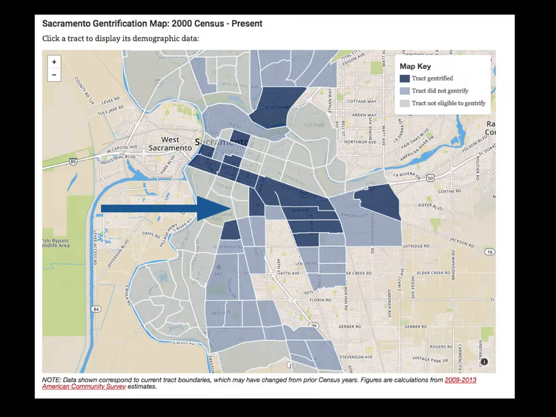So remember, the dark blue areas on this map are tracts that have been gentrified. The grayish areas did not gentrify, meaning that you didn't necessarily see a socioeconomic change in that region. The more beige areas they said were not eligible, meaning we weren't able to track data in that area.